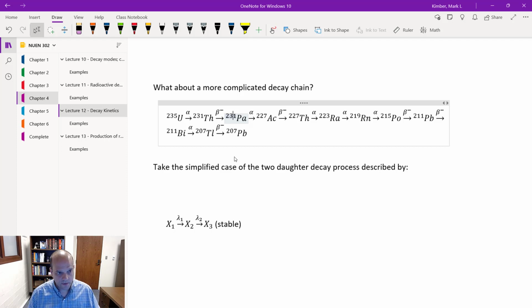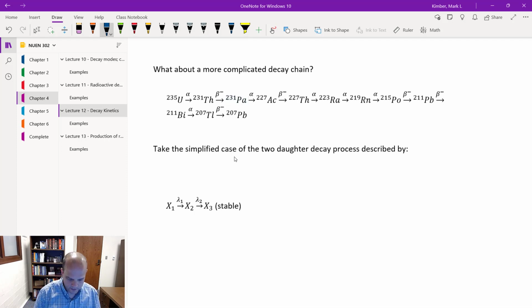And so just like we had before, this is my decay constant from going from isotope 1 to isotope 2. And this here is my decay constant going from 2 to 3.